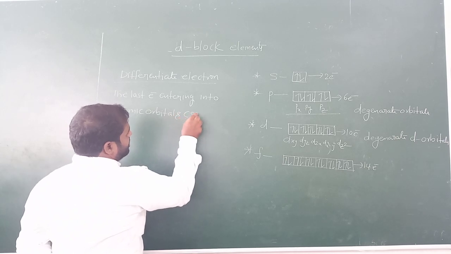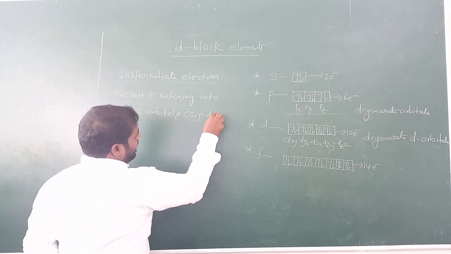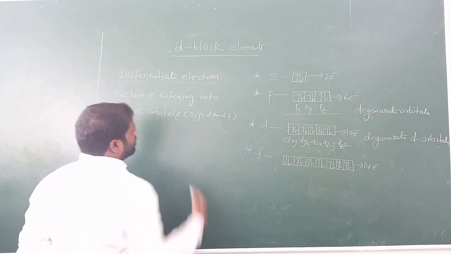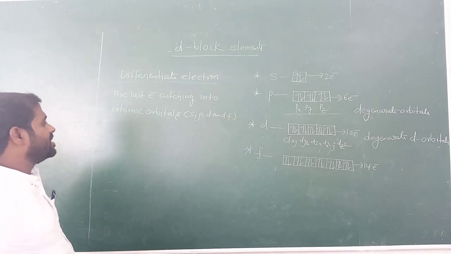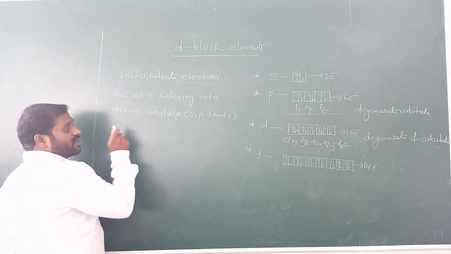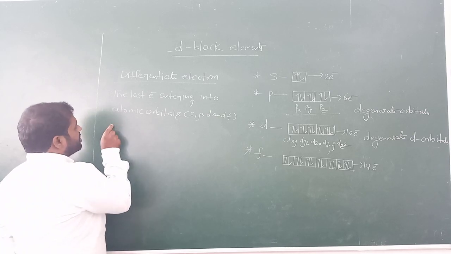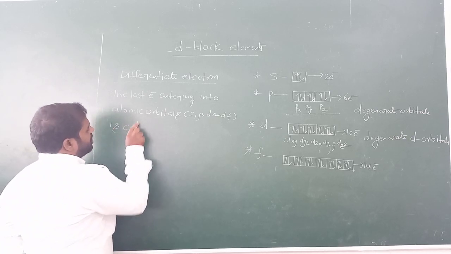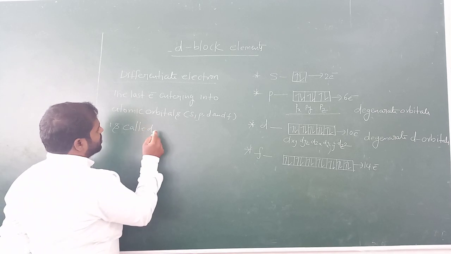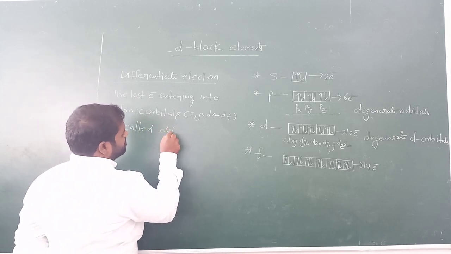What are atomic orbitals? s, p, d and f. The last electron entering into atomic orbitals is called the differentiating electron.